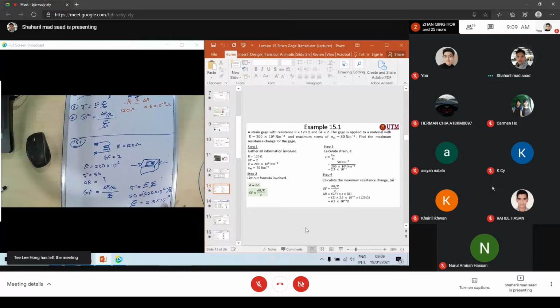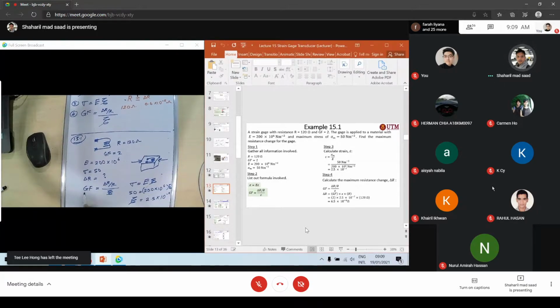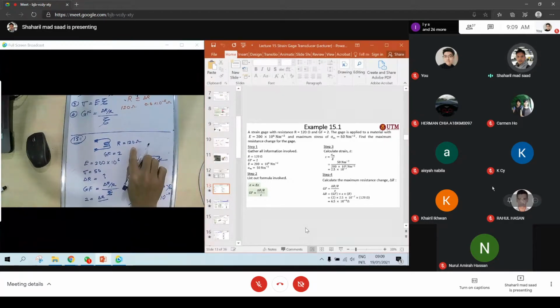Now you already got the strain, then we can apply the gauge factor there. Delta R over R, where R is the initial value, 120 ohm, divided by the strain 2.5 times 10 power of -7, times 2.